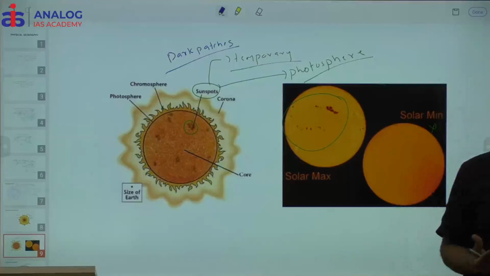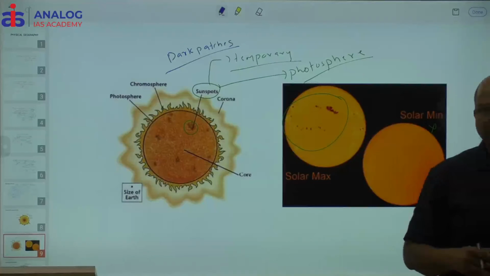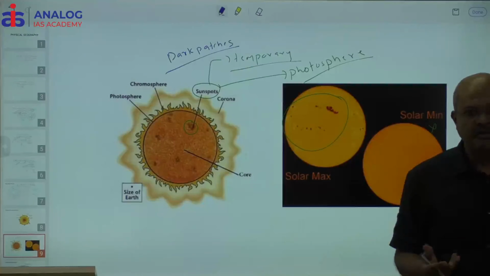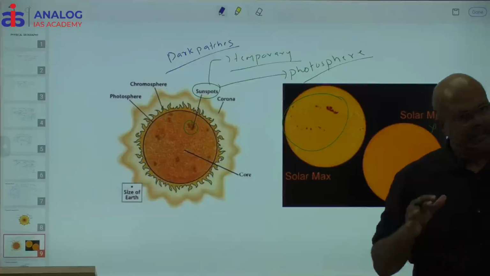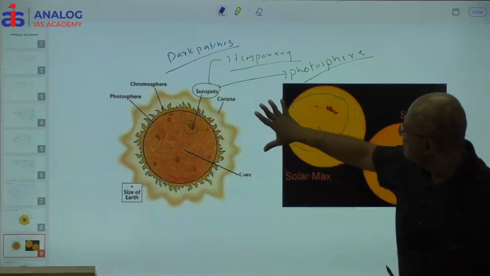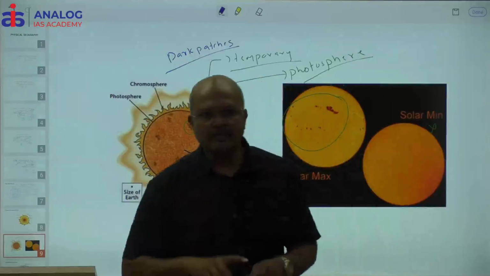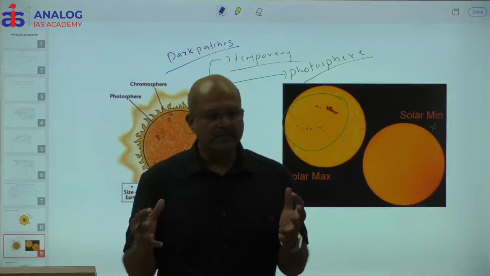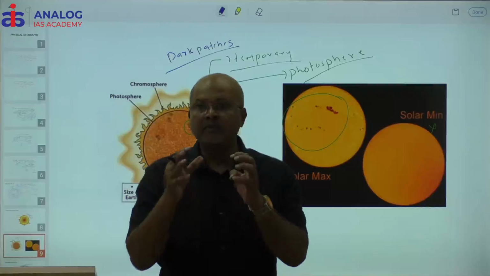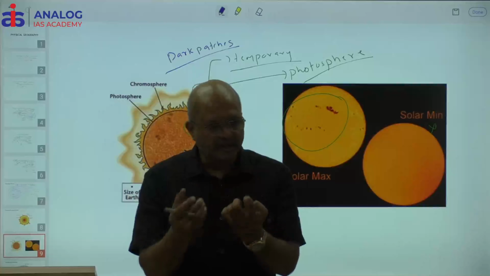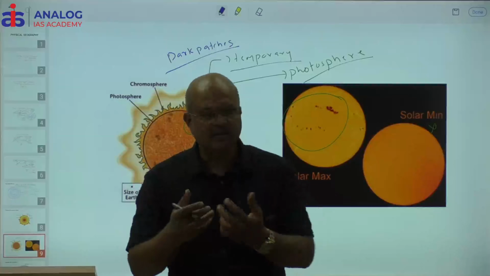Now, the energy which is produced in the sun is in the form of electromagnetic radiation. So, by definition, sunspots are nothing but intense electromagnetic flux or intense magnetic flux.